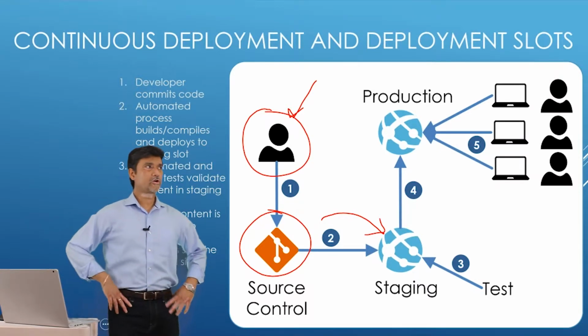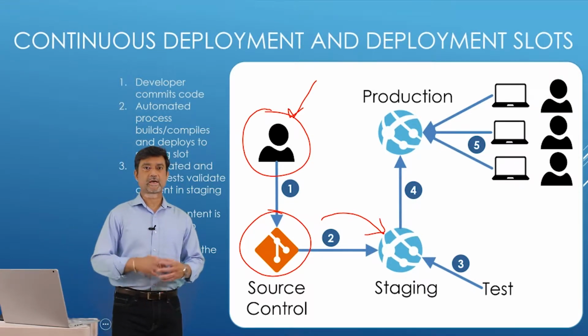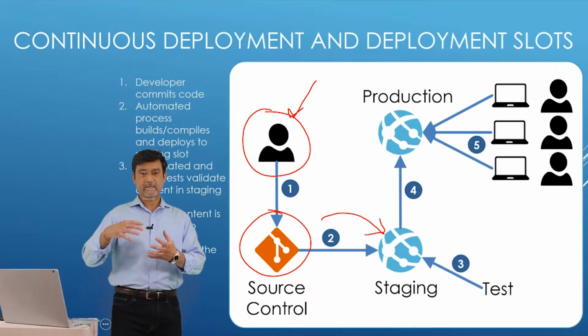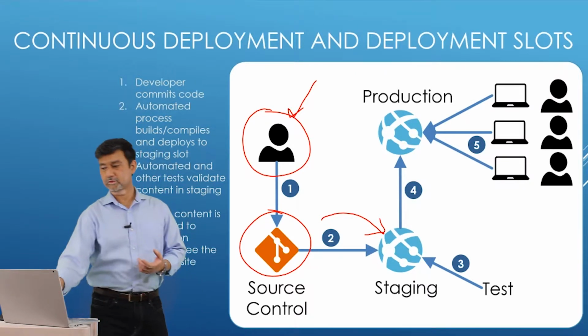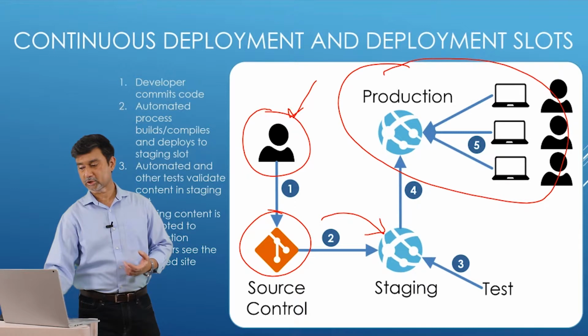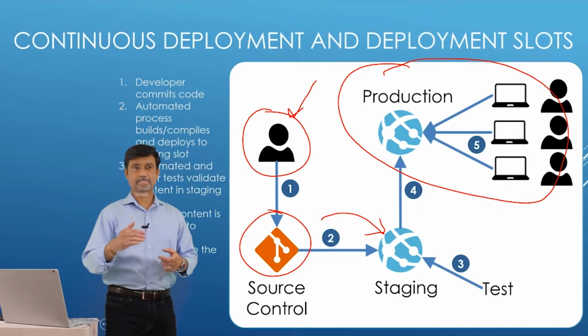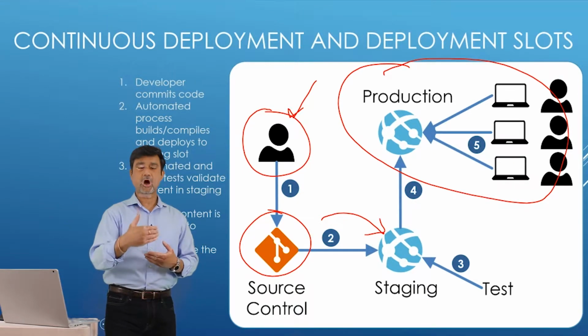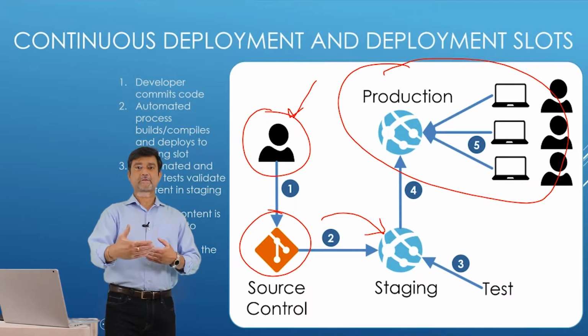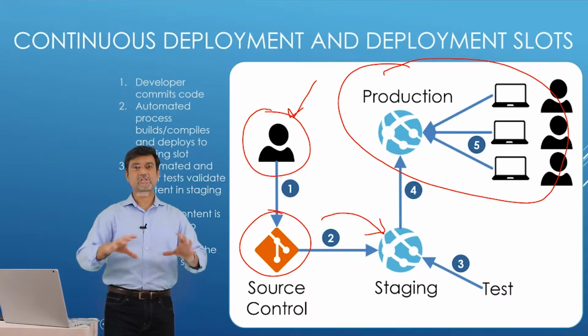The advantage of using the staging slot is that even though the main users are using the production, the current version, the staging, even though it is on the same app service plan, has a different slot.